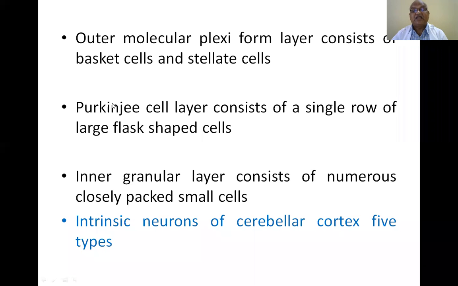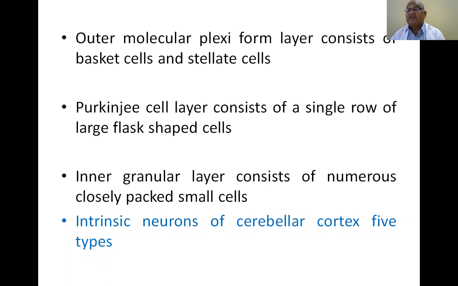Out of these five cells, granular cells are excitatory. The remaining four types of neurons present in the gray matter of the cerebellum are inhibitory. So it is only in the cerebellum of the central nervous system that the maximum number of inhibitory neurons are present.